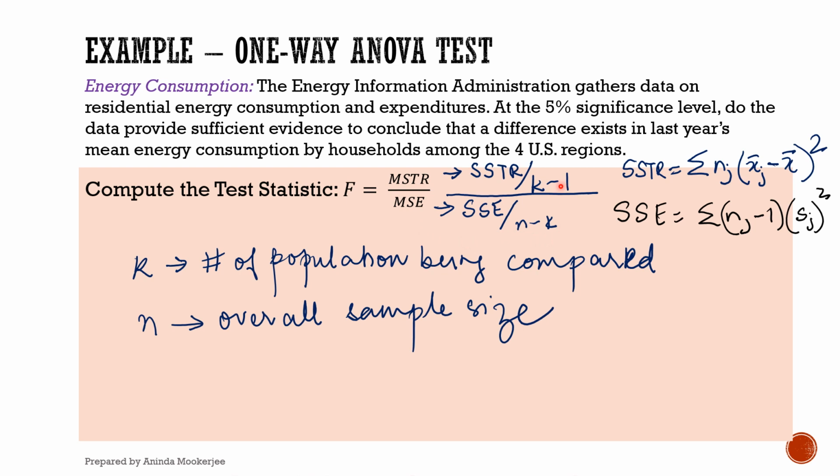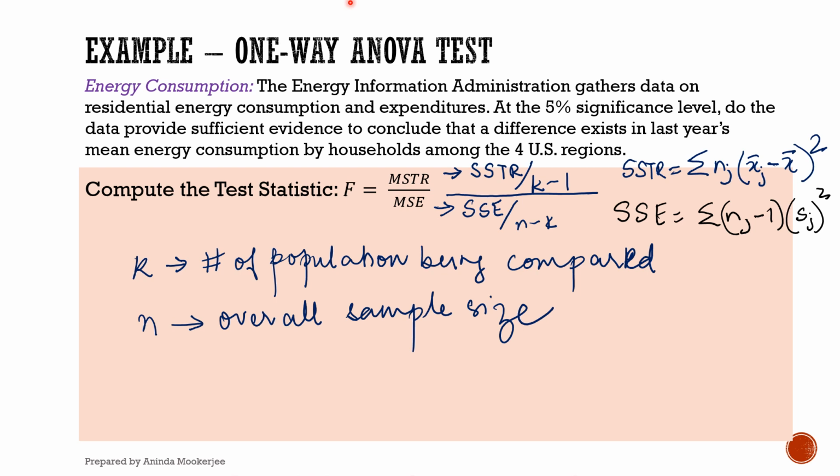And once we get our MSTR and MSE values, we divide them to get our F value. Again, please look back in this video for where we did the calculation to see how we went about it, how we walked through the table to get the F value.